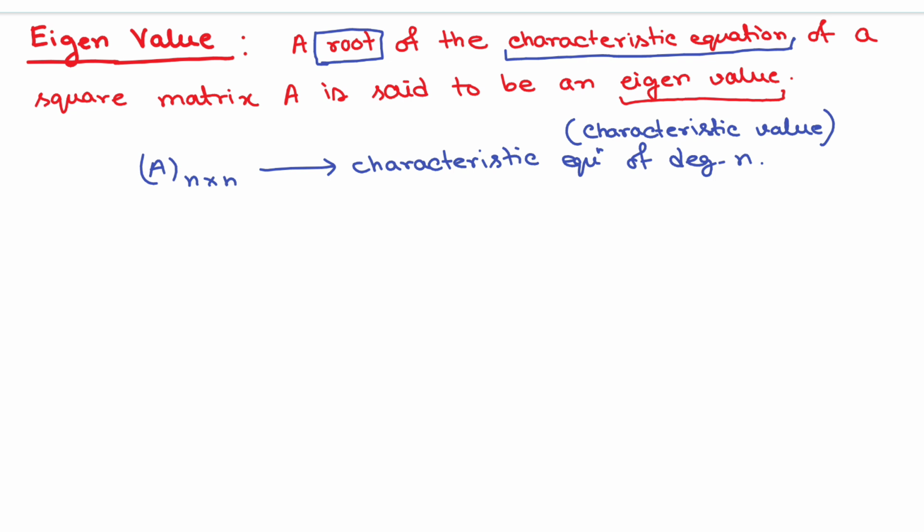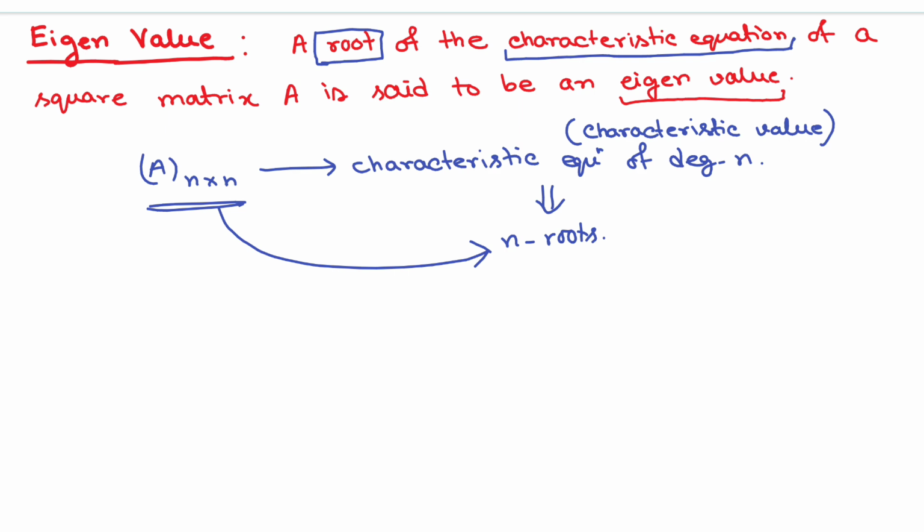Now tell me, if I solve this characteristic equation, then how many roots will be there? Obviously n roots. So this implies that for an n by n square matrix, there exist n eigenvalues. Yes or no? They may be distinct eigenvalues, may be repeated eigenvalues.